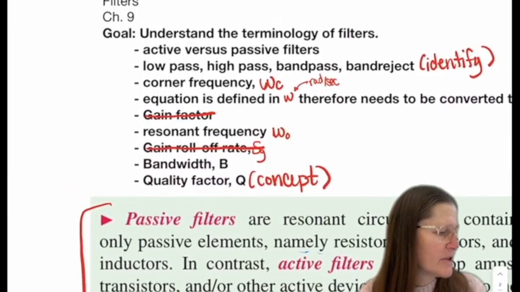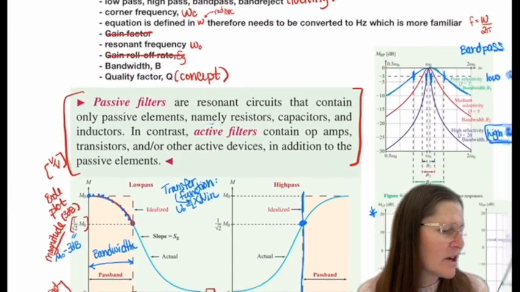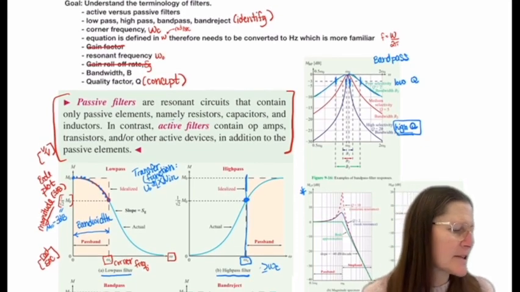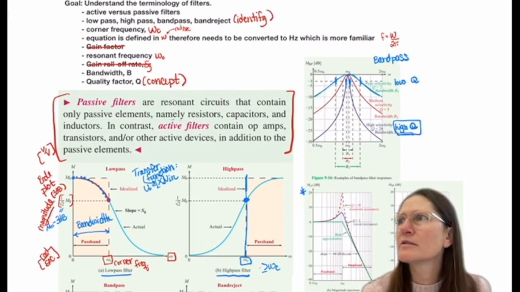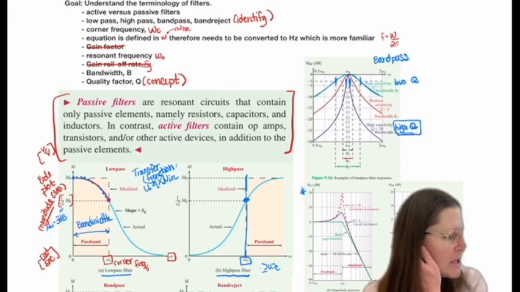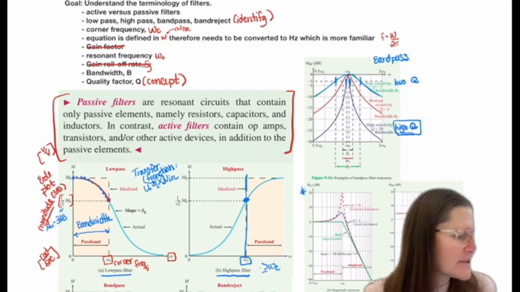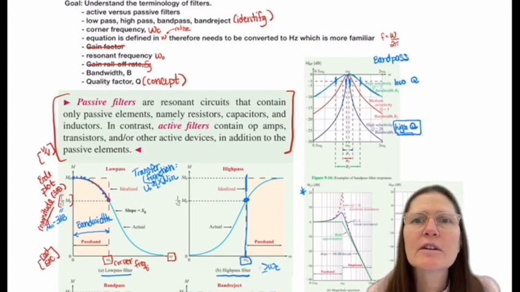All right, filters was understanding the terminology, active versus passive filter, identify the different low pass, high pass, band reject, and then being able to understand what a corner frequency is, and that omega is in radians per second units.